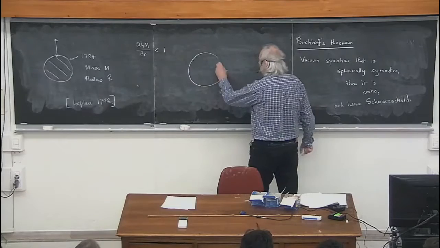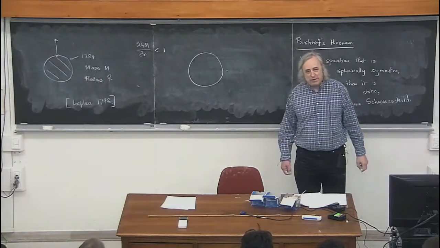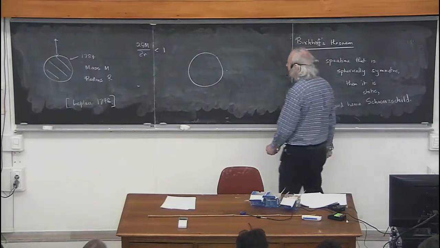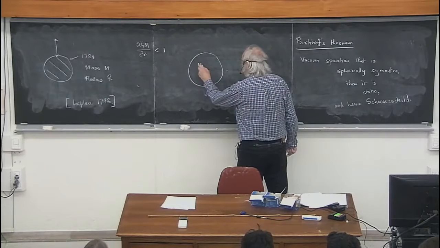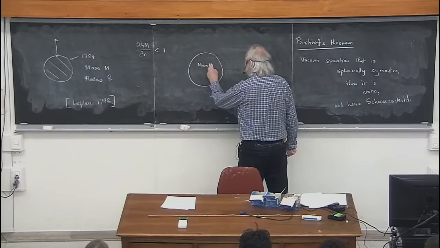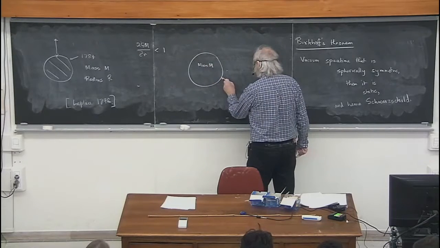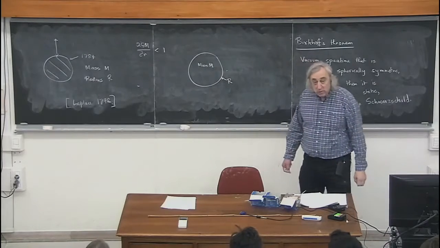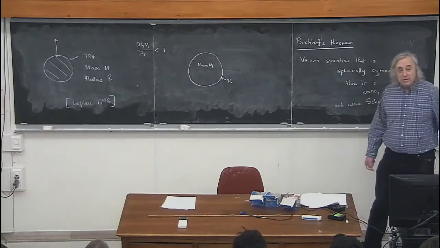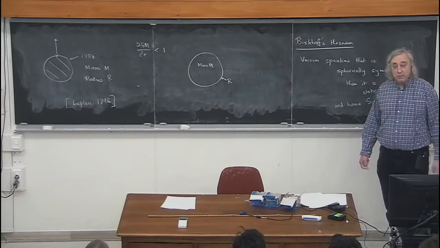A star is something which is, we'll take a spherically symmetric one because anything else is going to be too complicated. Let's suppose it has got mass M. Its surface is at R. Outside the star, what we have discovered is that the metric must be the Schwarzschild metric.